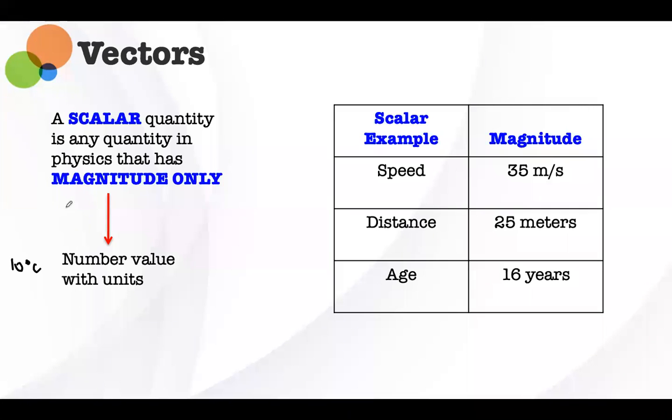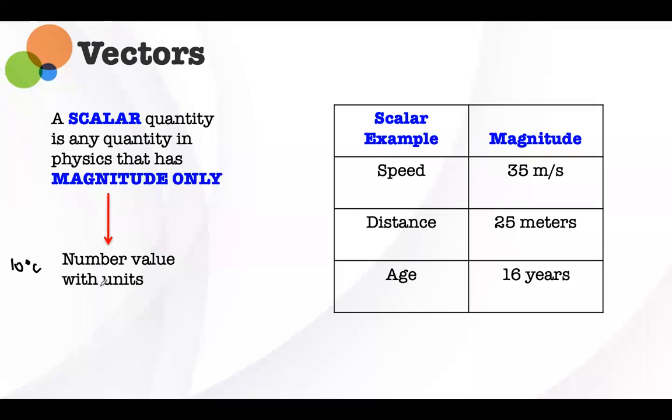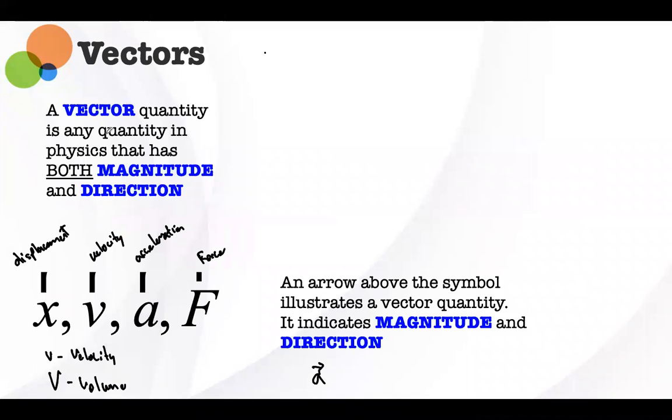So you're just looking at the number, which would talk about the magnitude and then the units. That's it for scalar quantity. For vector quantities, it is magnitude and direction.